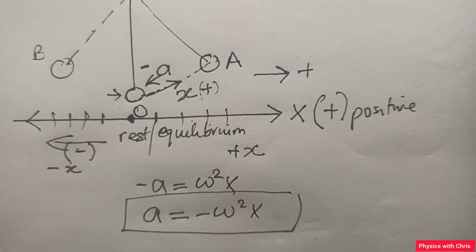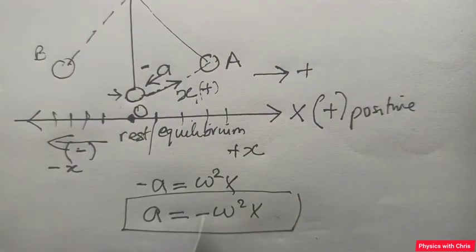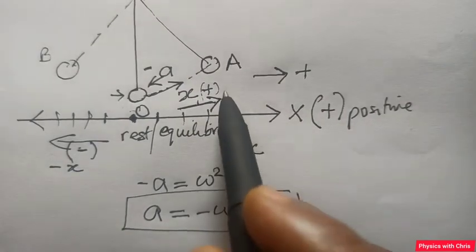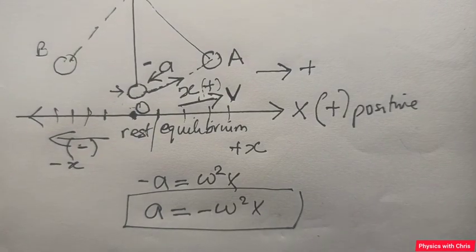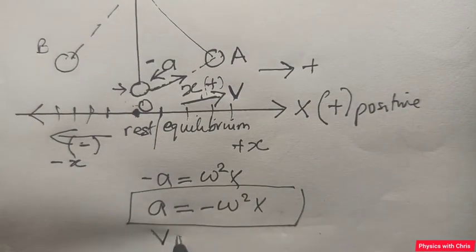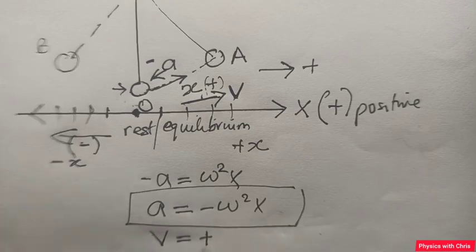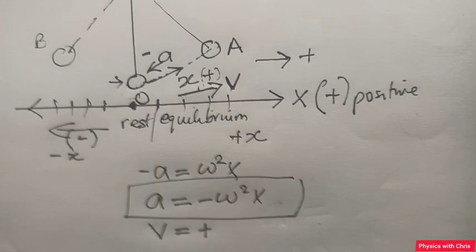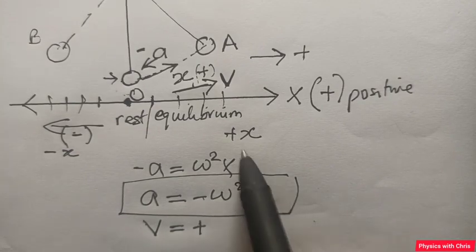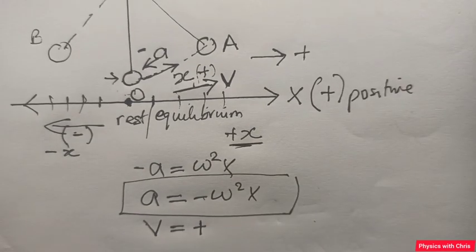How about the velocity of the body? The velocity of the body is also in the direction from O to A. Velocity is also directed this way. Meaning that when the bulb is moving from O to A, the velocity is positive, but the acceleration is negative and the displacement is positive. What does that imply?